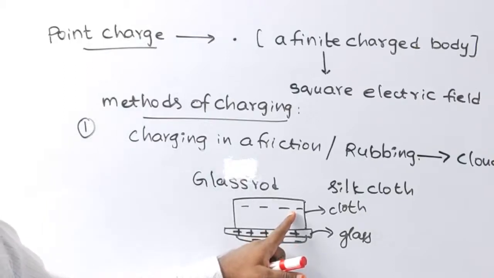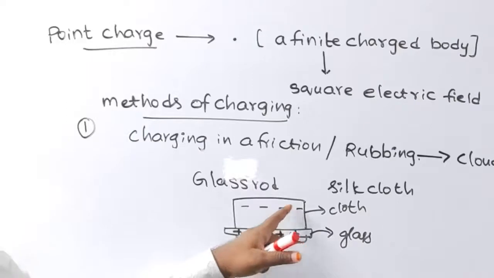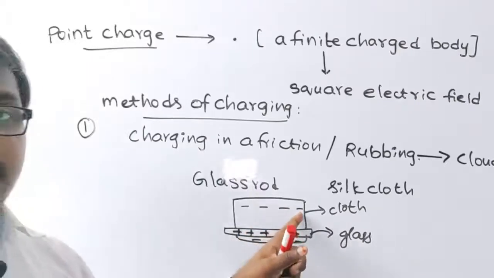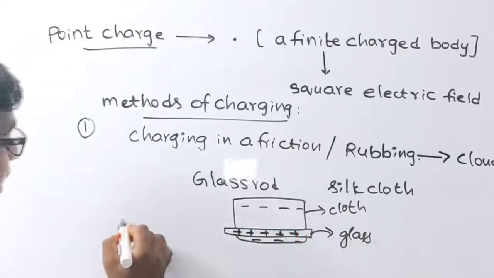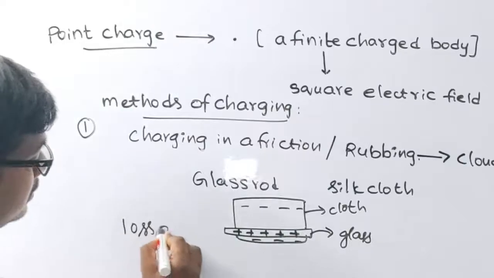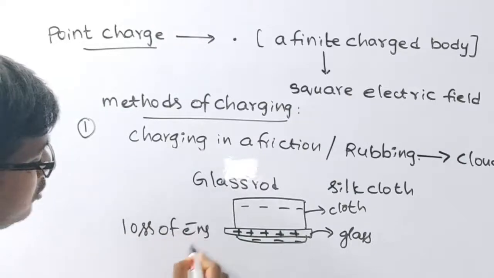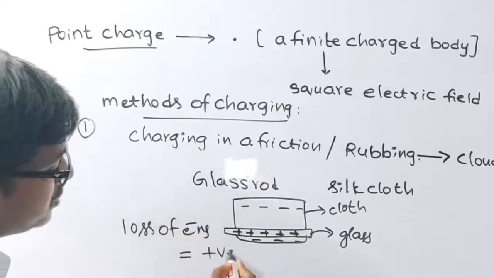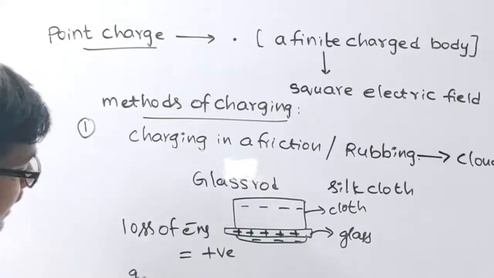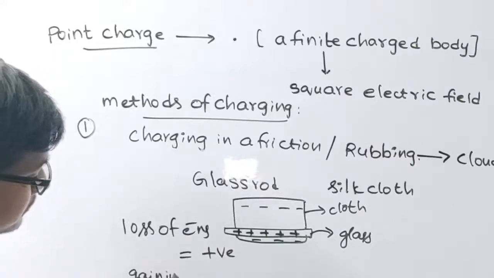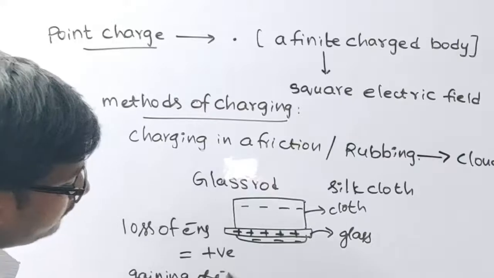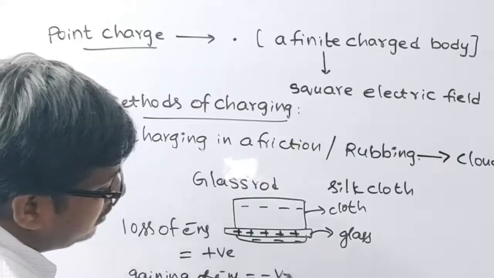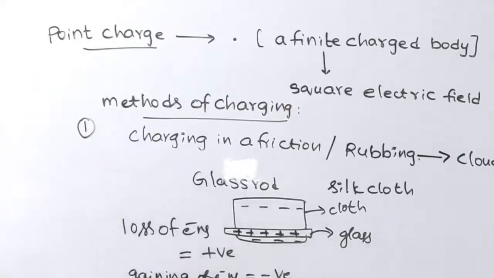The body that donates electrons becomes positively charged. Loss of electrons is nothing but positive charge, and gaining of electrons is nothing but negative charge.